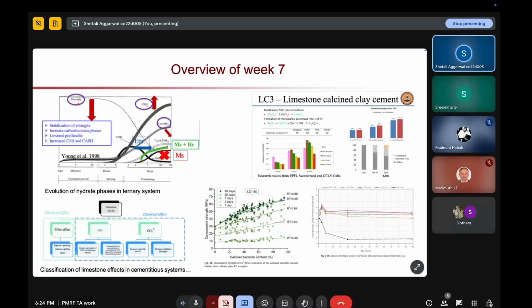It won't decrease the porosity within 28 days. Even our strength won't gain within 28 days. The strength gain will be maximum in 90 days. So it will be like extended testing when we are using SCMs.